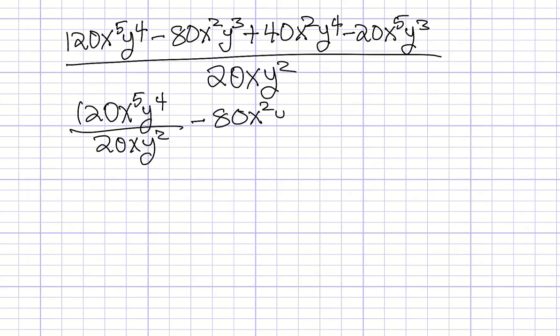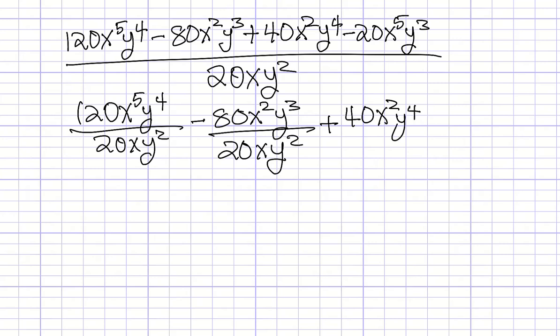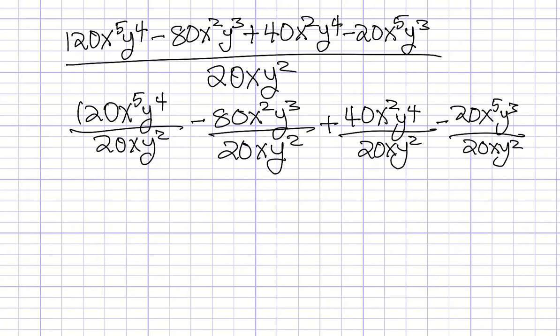Then 80x raised to the power 2 y raised to the power 3 over 20xy right there, plus 40x to the power 2 y raised to the power 4 over 20xy, minus 20x to the power 5 y to the power 3 over 20xy there. Ultimately, things will cancel out.